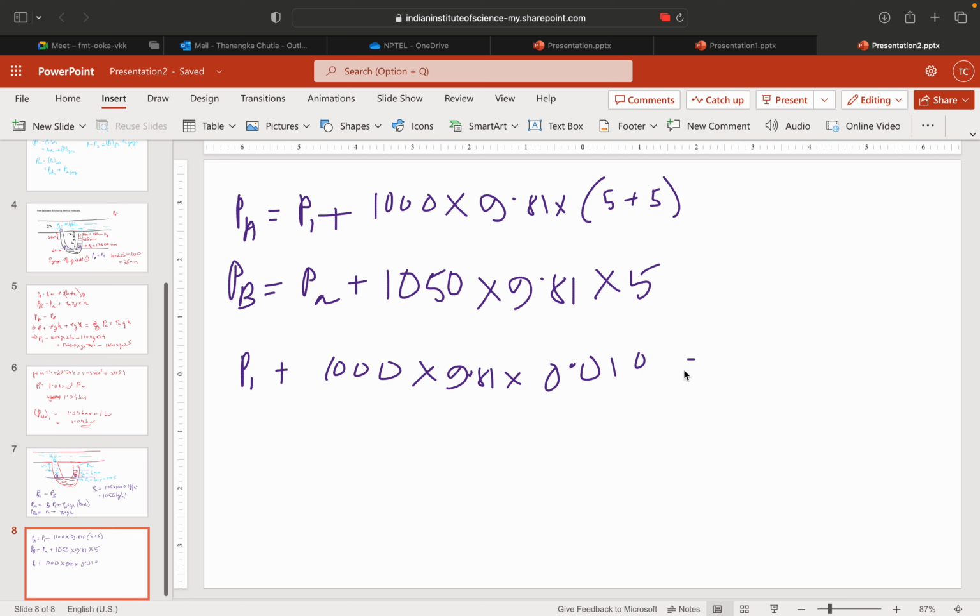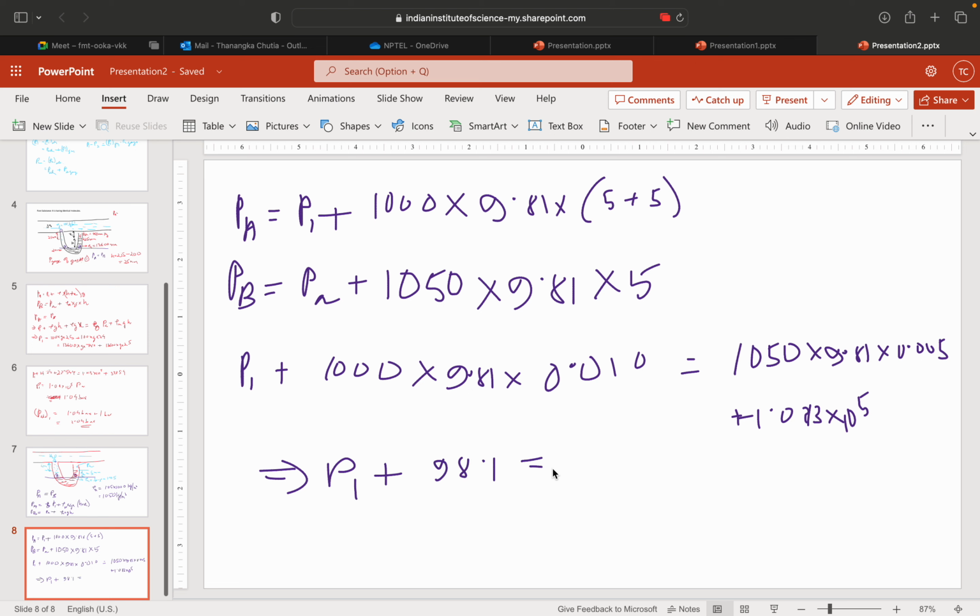Okay, then I will equate this: P1 plus 1000 into 9.81 into 10 mm, which is 0.010, is equal to 1050 into 9.81 into 0.005 plus 1.013 into 10 to the power 5. Okay, now P1 plus 1000 into 9.81 into 0.010, this is 98.1.